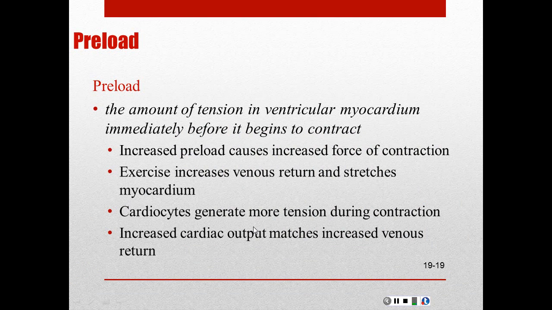As the active muscles massage the veins, they drive more blood to the heart, which will increase venous return. Increases in venous return stretch the myocardium, and because of the length-tension relationship, a moderate stretch enables the cardiocytes to generate more tension upon contraction. So we have a more forceful contraction that will expel the blood.